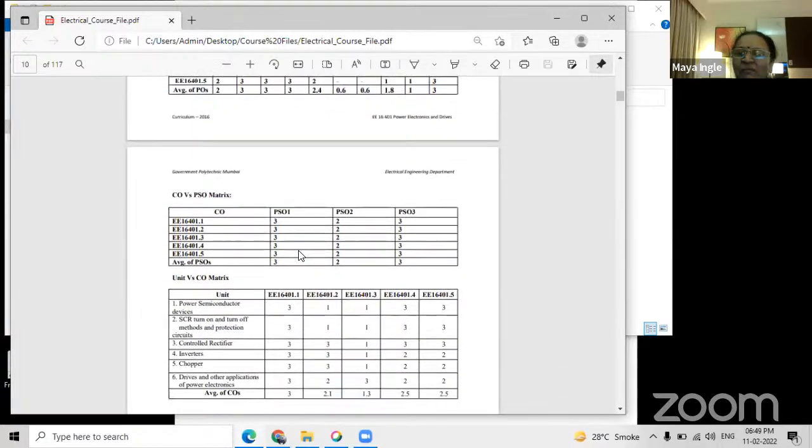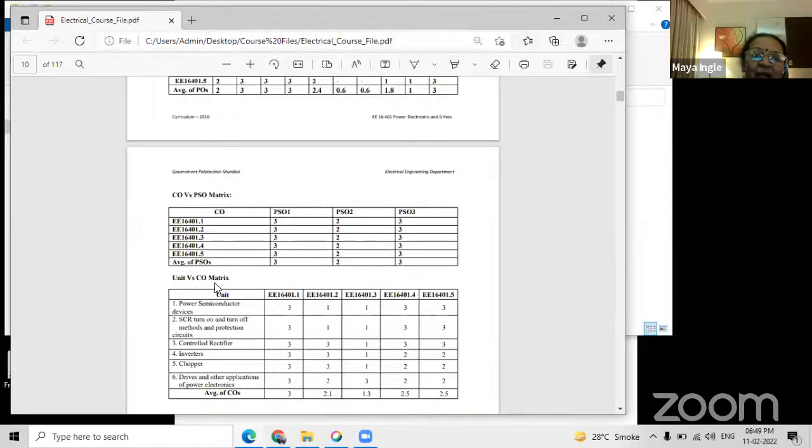It gives us so much information, such as the importance of POs and PSOs. I'm not going to repeat because many speakers have talked about all these key terminologies related to outcome-based education. Then the COs and PSOs matrix.